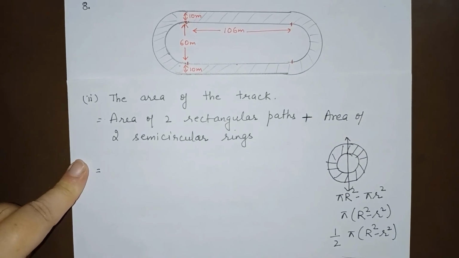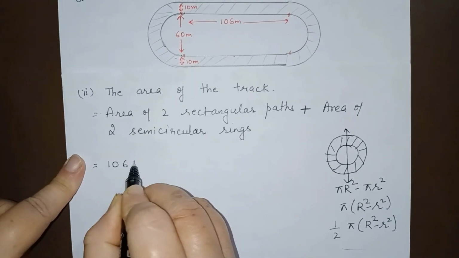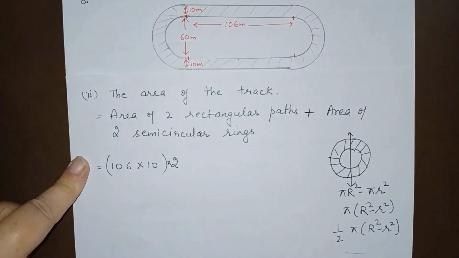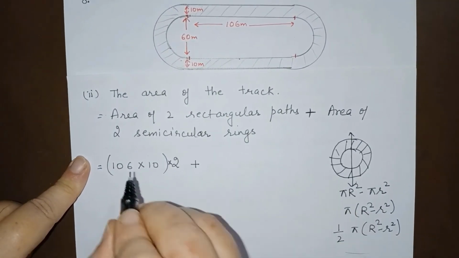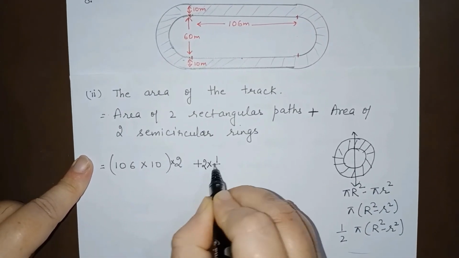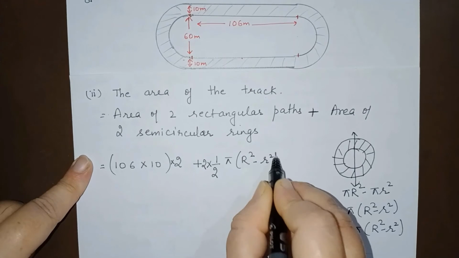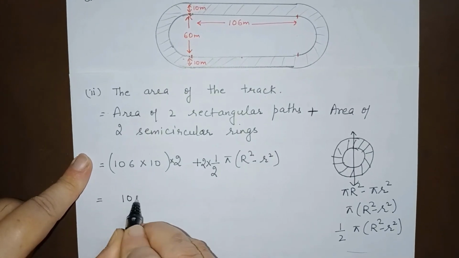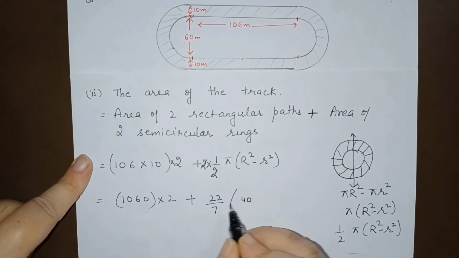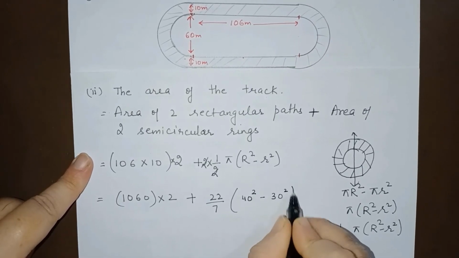We have two semicircular rings here. So area of two rectangular paths will be 106 into 10, and there are two paths like this, so multiplied by 2, plus area of two semicircular rings, 2 multiplied by half pi into R square minus r square. So this will be equal to 1060 into 2, here 2 goes with 2, so we have pi is 22 by 7, this is 40 square minus 30 square.